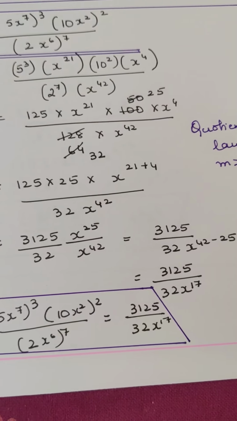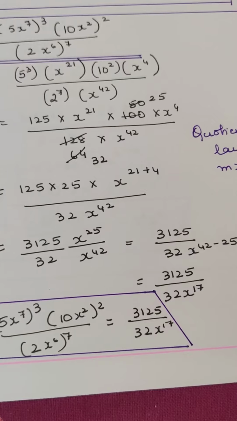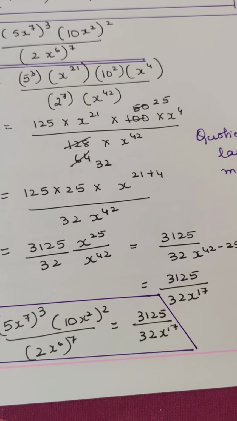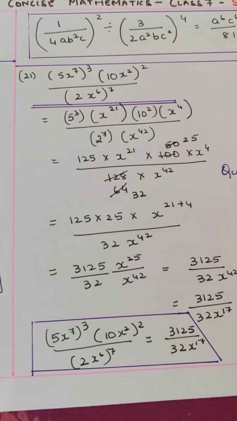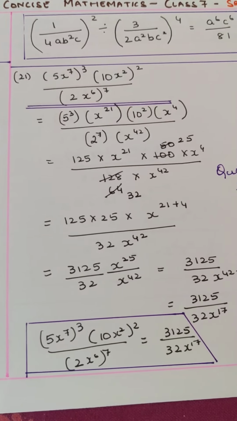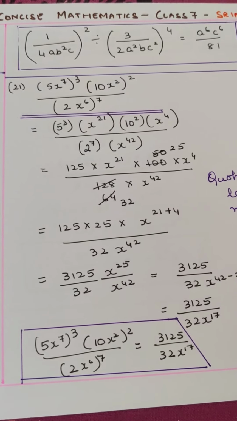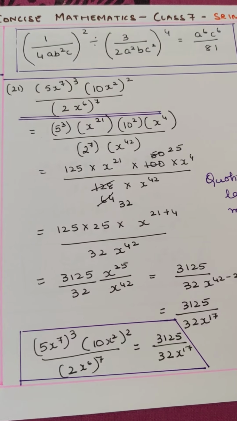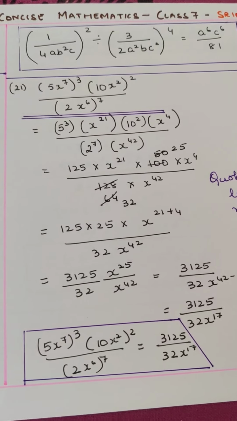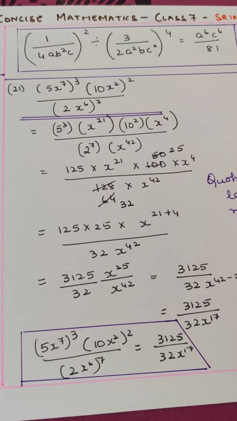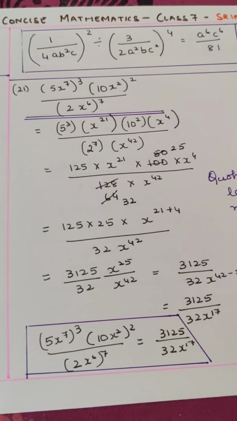So the final answer is 3125 by 32 x to the power of 17. I am just pausing for a few seconds for you to understand what I have done. Simple guys, just the simplification will take time.